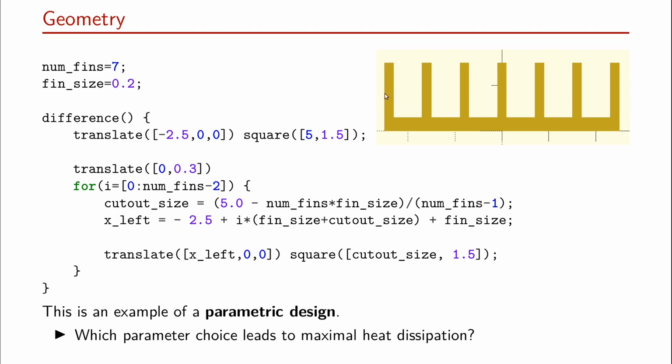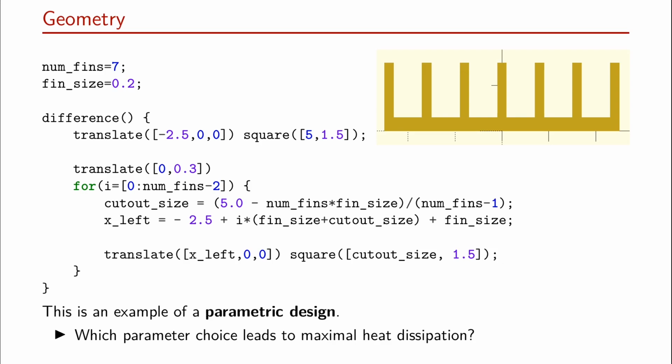So for example, we could increase the fin width, we could decrease the fin width, we could increase the number of fins, we could decrease the number of fins. And I'm sure if you think about this, you will also have some more ideas how you could add additional parameters in here. And this, I think, is really one of the strengths of OpenSCAD, because it makes it very easy to make such parametric designs.